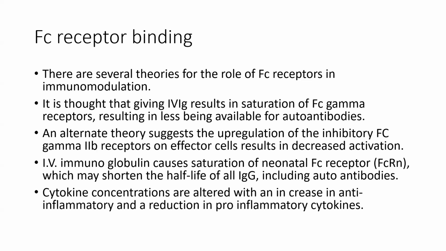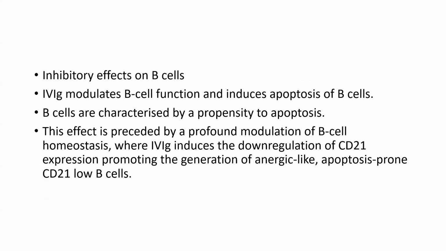IV immunoglobulin also causes saturation of the neonatal Fc receptor, which may shorten the half-life of all IgGs, including autoantibodies. Cytokine concentrations are also altered, with increased anti-inflammatory and reduced pro-inflammatory cytokines.